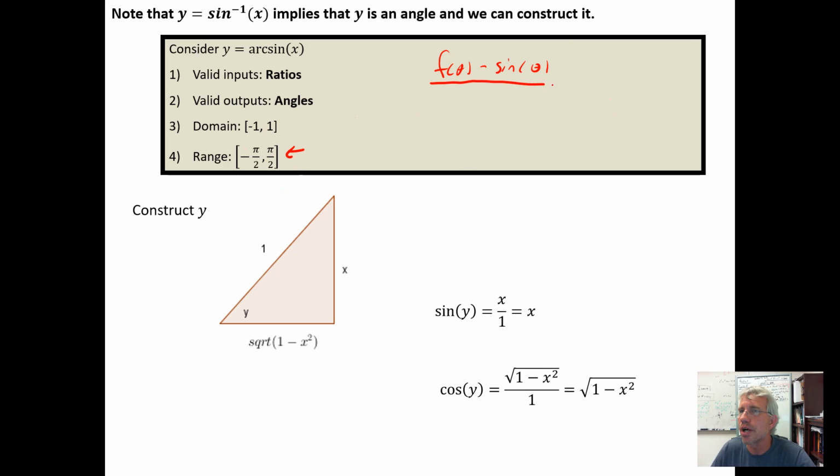So if we construct the triangle that goes with the sine function, between -pi/2 and pi/2, that triangle is going to live either in quadrant 1 or quadrant 4.